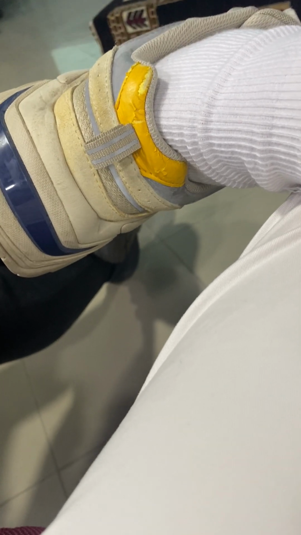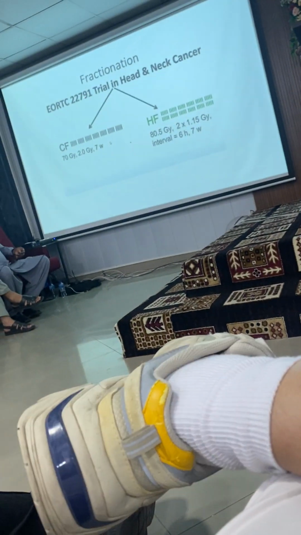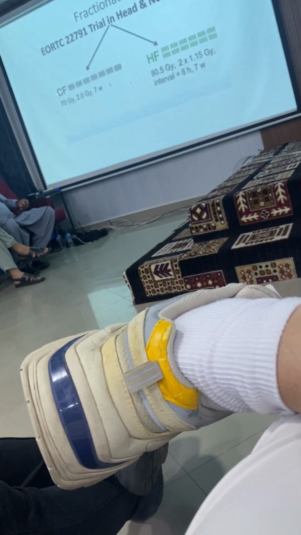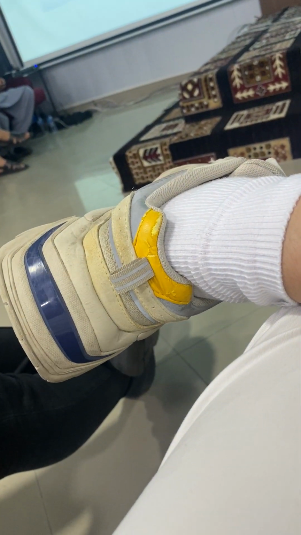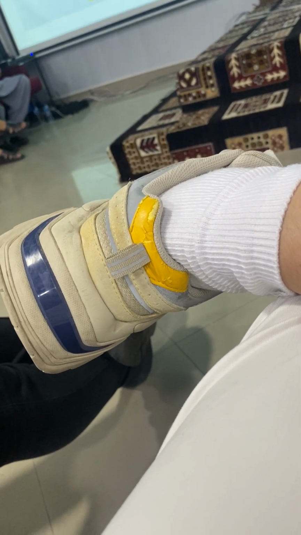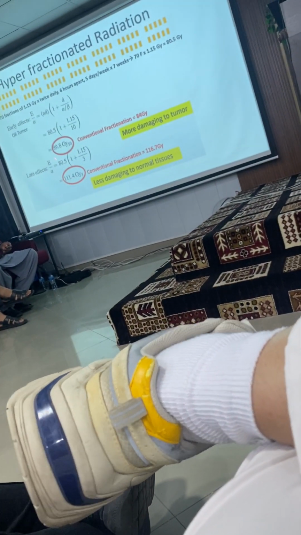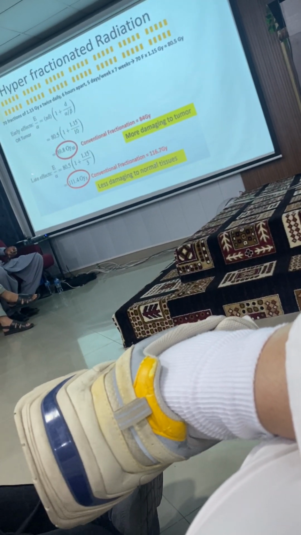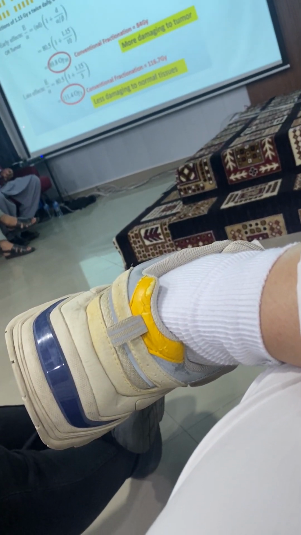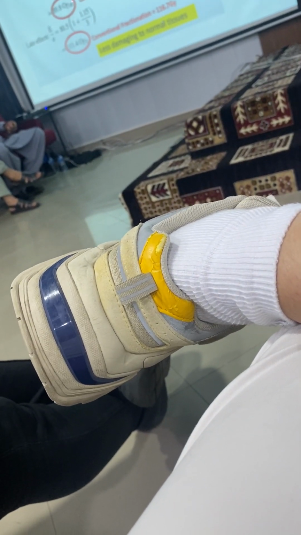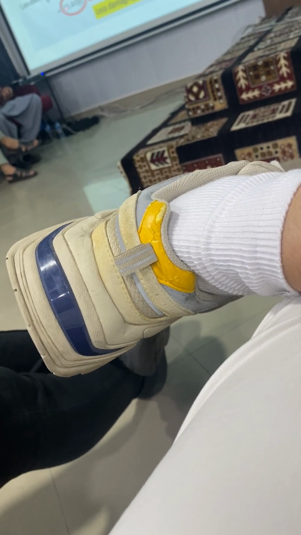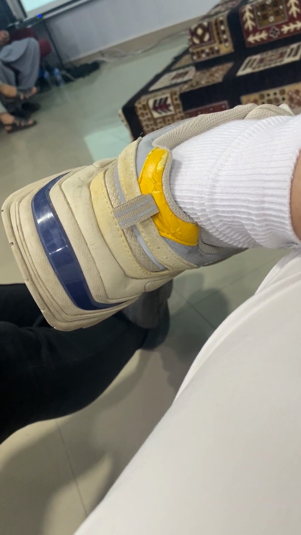How can we decrease that? Again, we'll use the last example, EORTC 22791. This is the trial we discussed with hyperfractionation. For late effects, which we use for the side effects to the normal tissues, the BED for the hyperfractionated regimen is 116, but for conventional RT it was 116 gray.